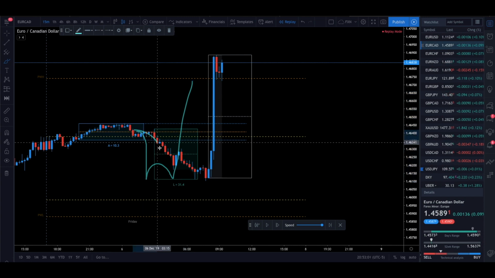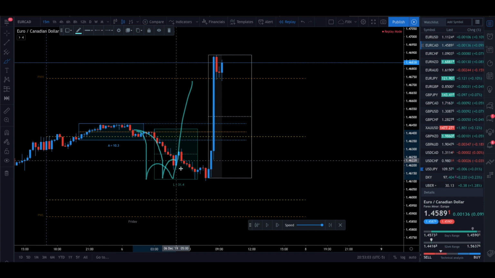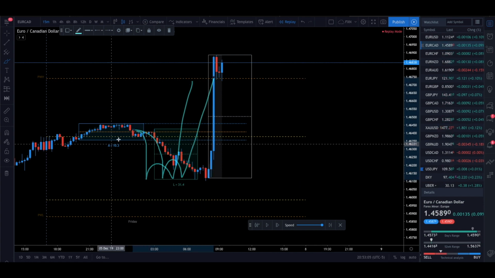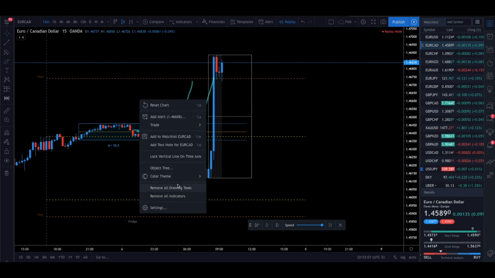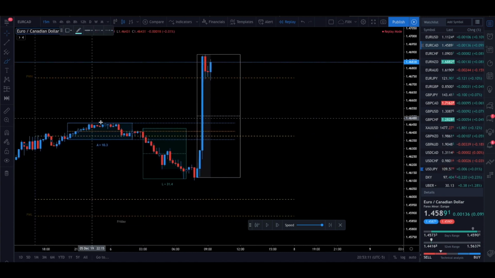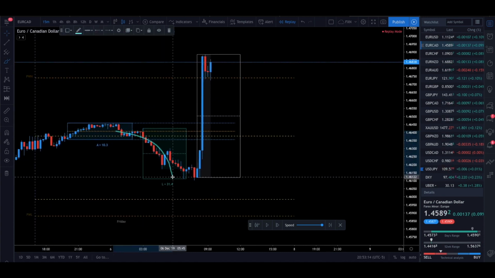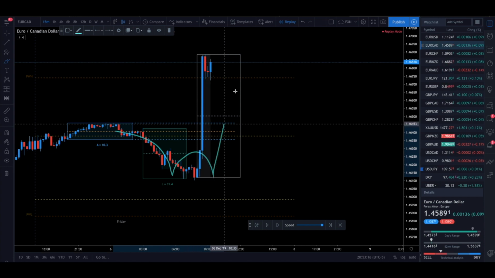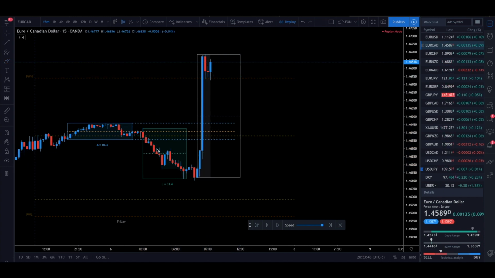Another example would be if the first leg is in the London box and the second leg in the US box, and it goes up. We're very specific in what we're looking for.